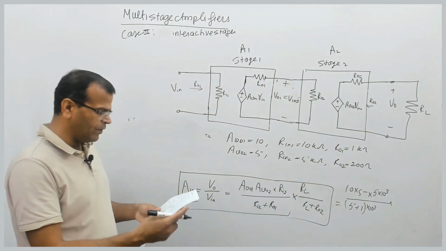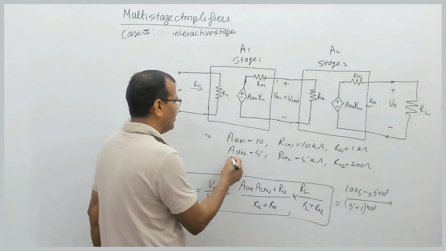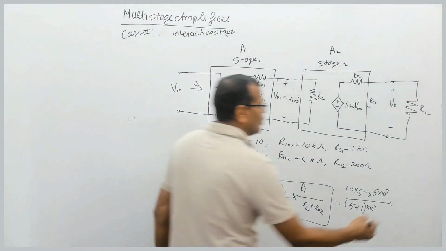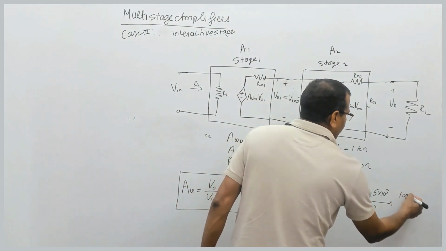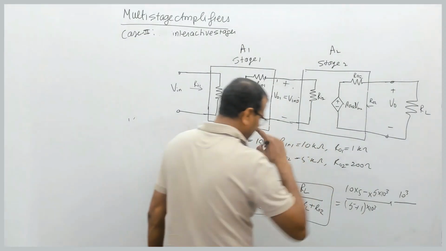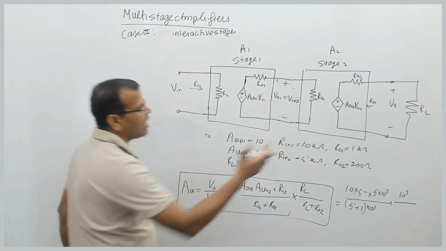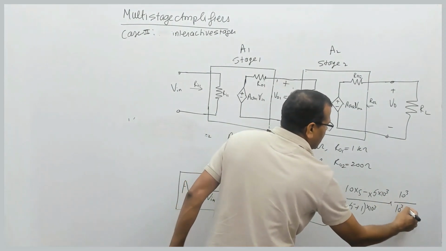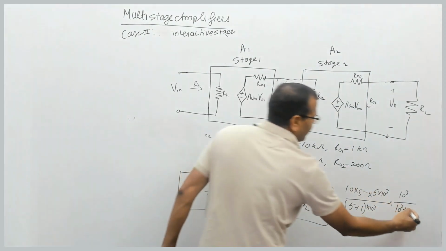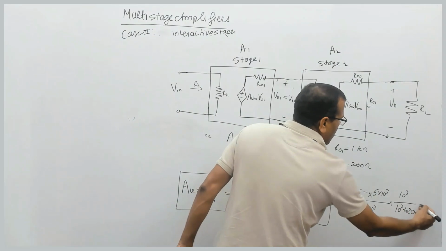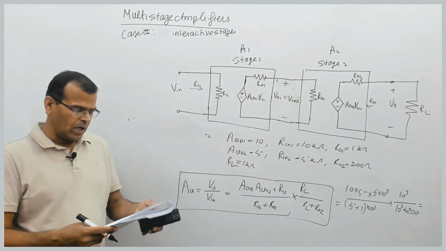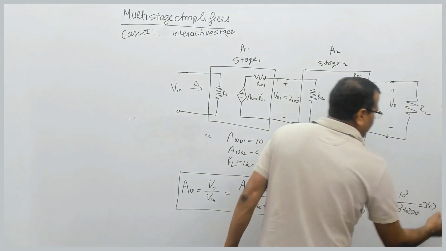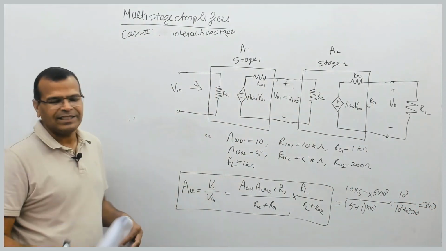Suppose RL given to you is 1 kilo ohm, so 1 kilo ohm divided by 1 kilo ohm plus Ro2, which is 200 ohm. That value comes out to be 34.7.